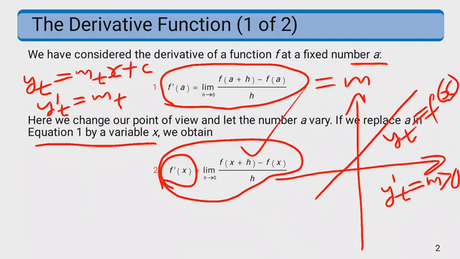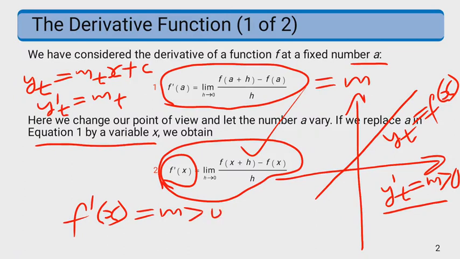So, back to our straight line here. If you want the derivative, you get this point. So what does it mean? It means f prime of x in the case of a straight line is nothing but m, and according to the way I've drawn it, our m is greater than 0.